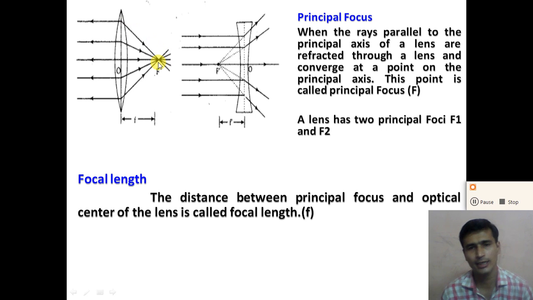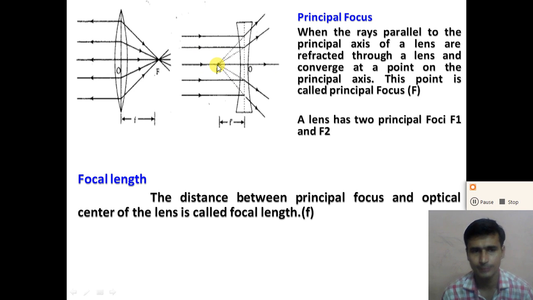Similarly, in case of the concave lens, when the rays parallel to the axis are incident, after refraction they will appear to diverge from one point, and this point is called the principal focus of the concave lens.